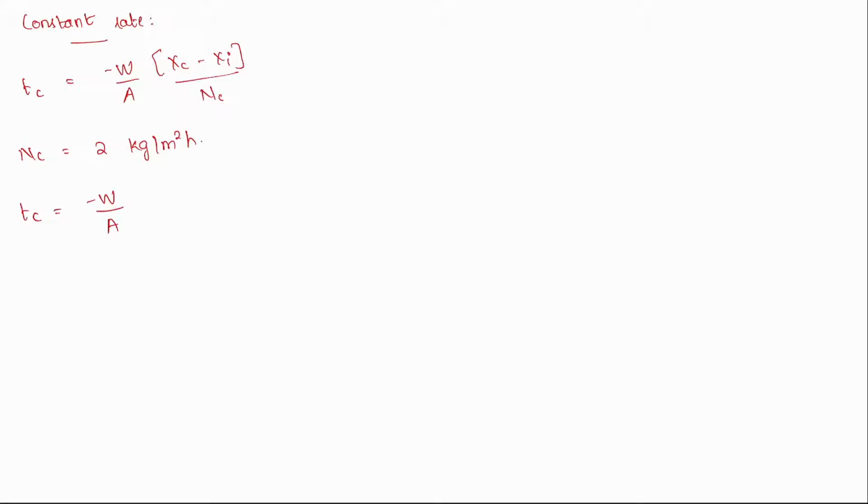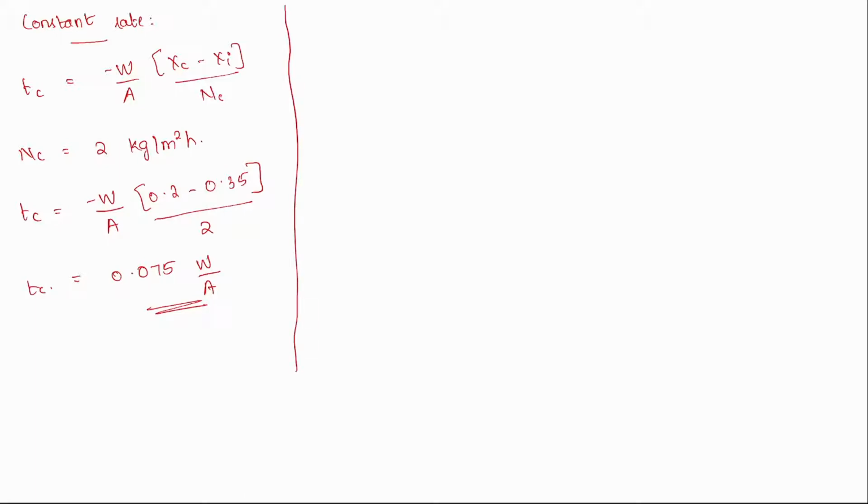So Tc is equal to minus W by A into, substituting the values, (0.2 minus 0.35) the whole by 2, and we'll get 0.075 into W by A as the time for the constant rate period. Similarly, we can do this for the falling rate period.